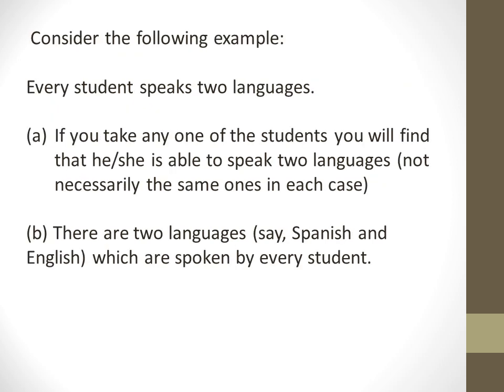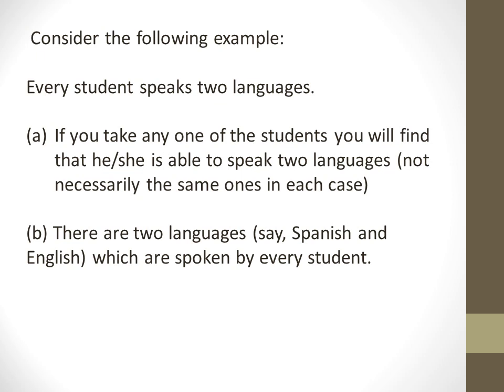Consider the following example. We have every student speaks 2 languages. Here we have scope ambiguity because we have the quantifier every, and every creates the ambiguity. How? It gives us 2 interpretations. The first one, if you take any one of the students, you will find that that student is able to speak 2 languages.